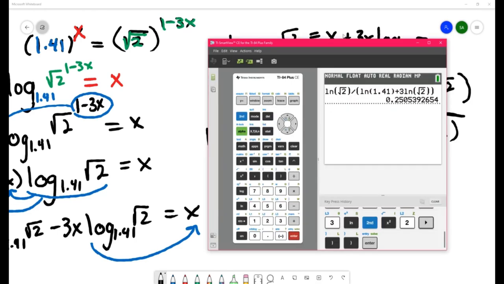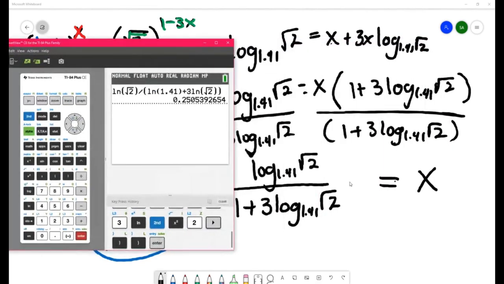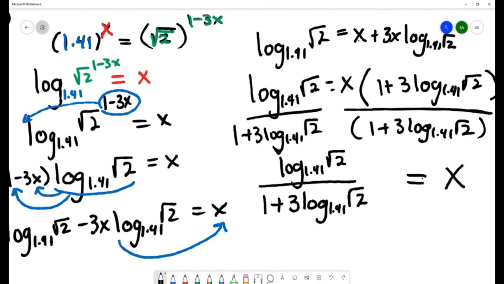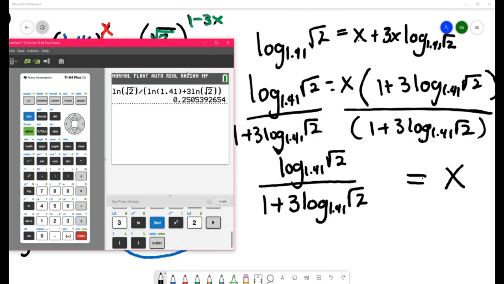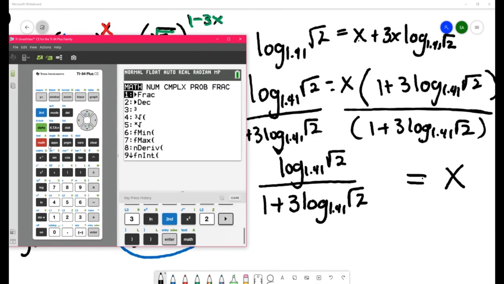So let's type that in the calculator and make sure we get the same answer that we got before. And as I said, I like the other method better, taking the log of both sides, because it's easier to type in the calculator. So here I have to go into a hidden menu, the math menu.